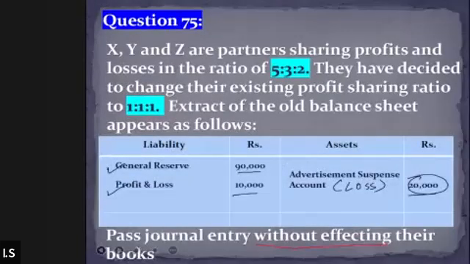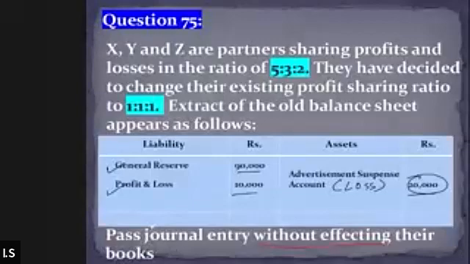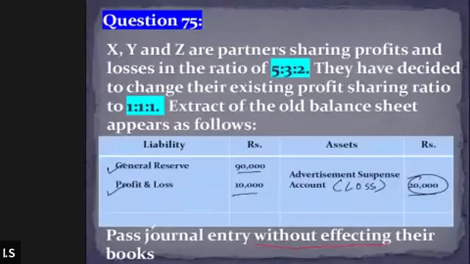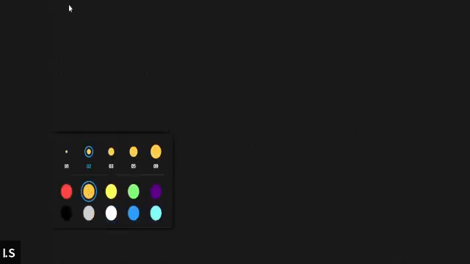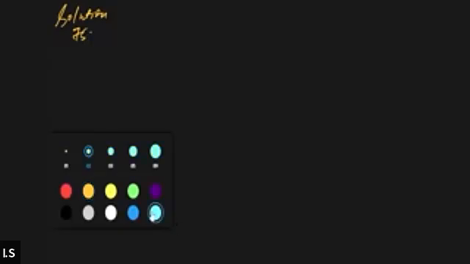So first of all, to solve this question, we will have to find out the gaining and sacrificing shares of the partners. So in question number 75, the first thing that we need to do is find out the gaining and sacrificing shares of the partners.